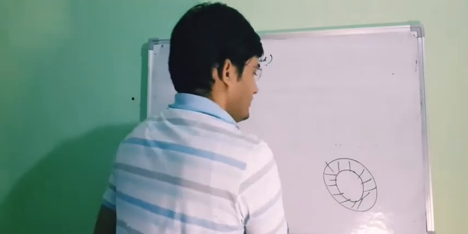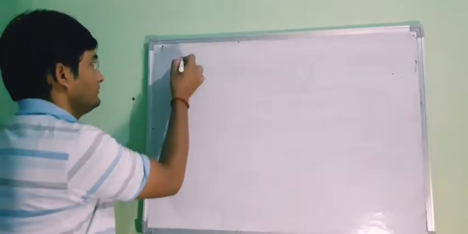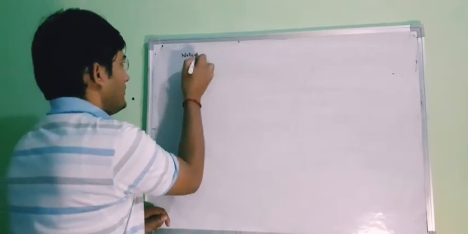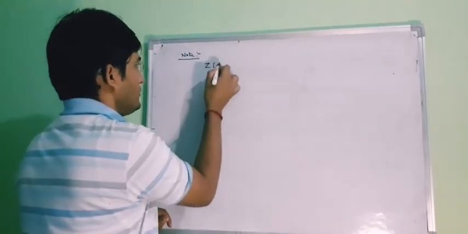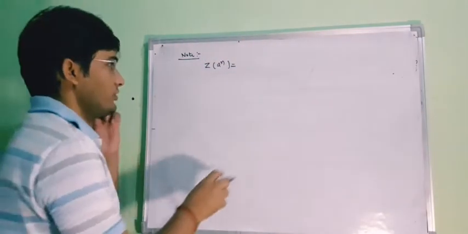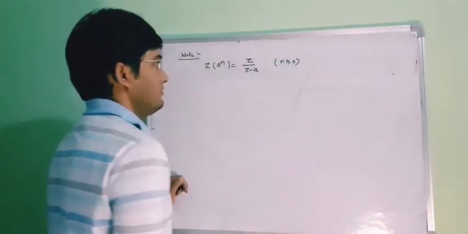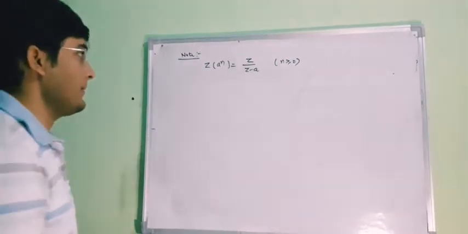Now let us find out the Z transformation of a to the power n, assuming that n is greater than or equal to 0, which is equal to z upon z minus a, where n is either 0 or greater than 0. Proof.